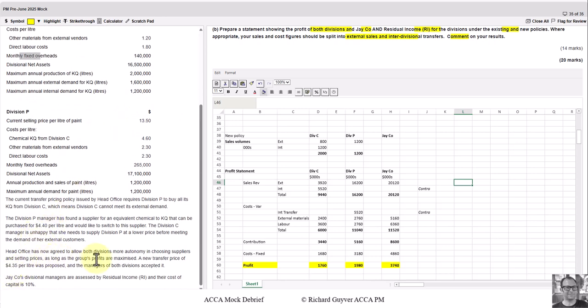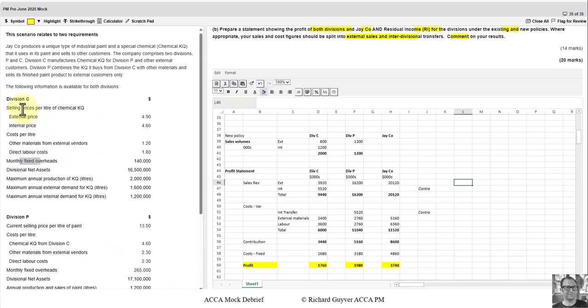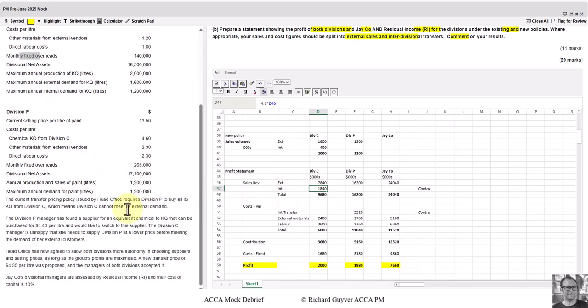So at $4.35, Division C could make $4.90 if it sells externally, or now $4.35 internally. So it is going to maximize its external sales, which then means only 400 can be internal. External, it's still getting $4.90, so that sorts itself out. Internal is now $4.35.